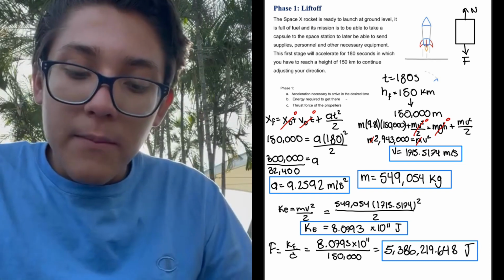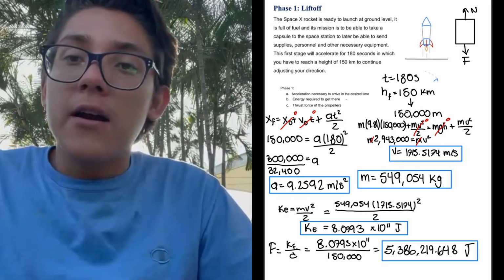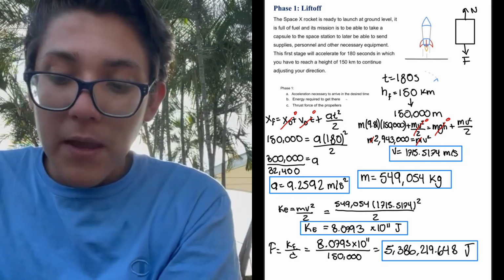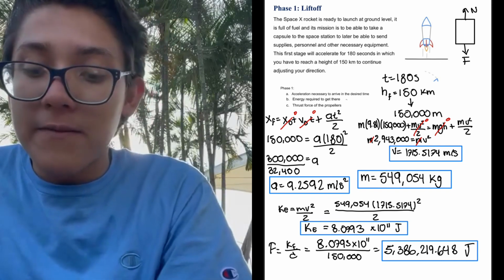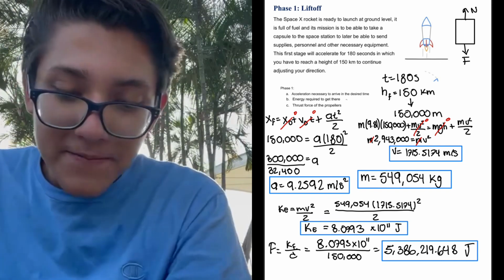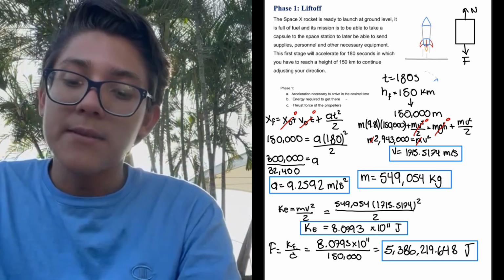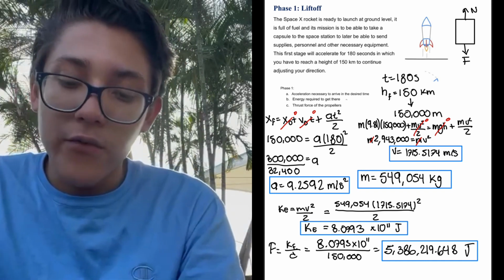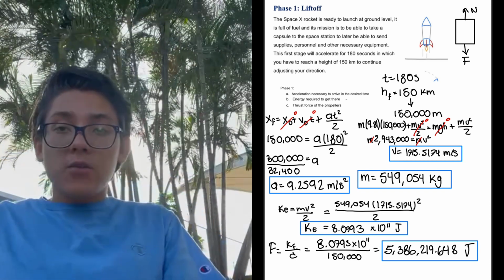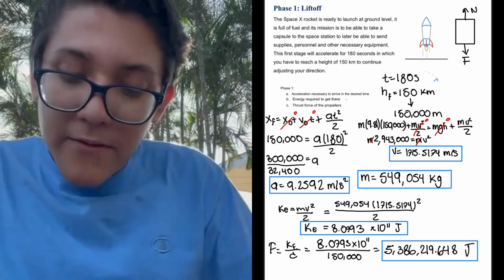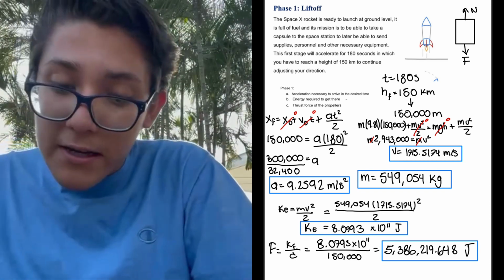The final distance will be 150 kilometers, and in meters that is 150,000 meters. This will equal 8 times 180 squared over 2, and the acceleration will be 9.2592 meters per square second.